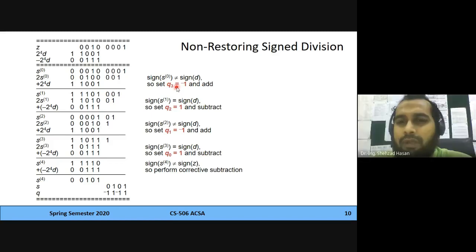Actually, when we're talking about the signs of S and shifted S, this extra bit is something that we have put in ourselves, right? When you're talking about k bits, K was 4 over here.